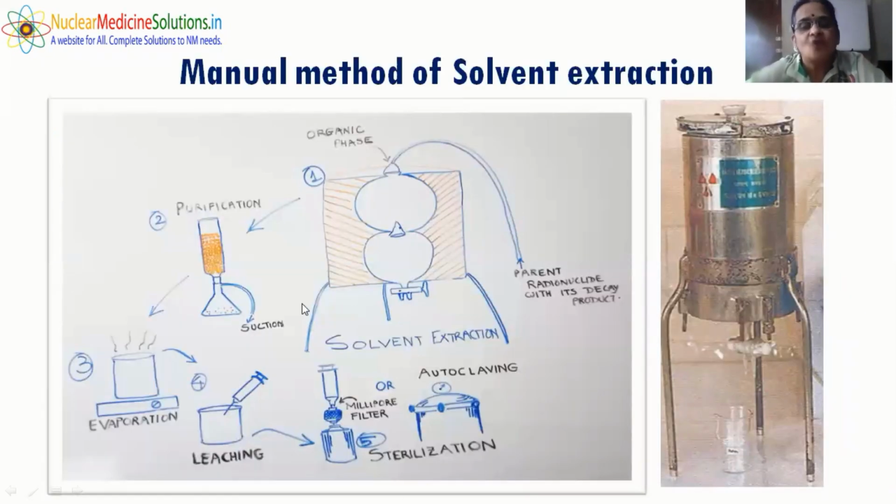And here I have drawn this diagram out of my own work experience, because in the first 7 to 8 years of my work experience, this was the way in which I used to get technetium-99m from the parent-daughter mixture. That was called the manual method of solvent extraction. Nowadays, youngsters will not be aware of it unless it is taught on an experimental study basis, and because it's a very important and basic way, it is still taught for the basic understanding of how a solvent extraction generator works.